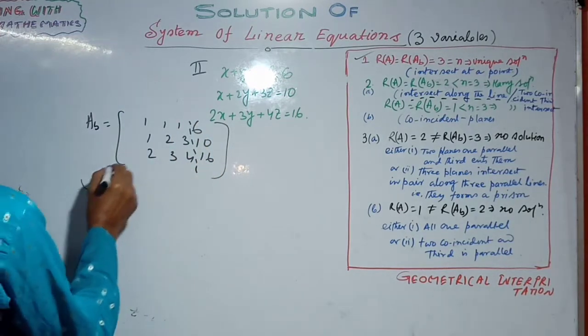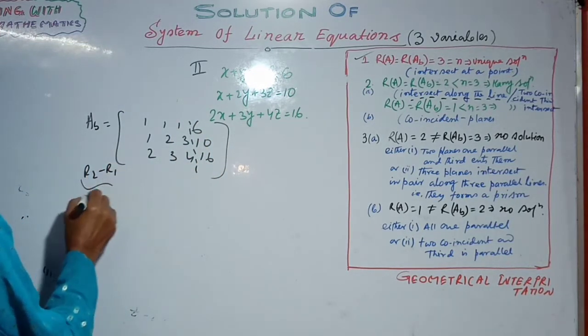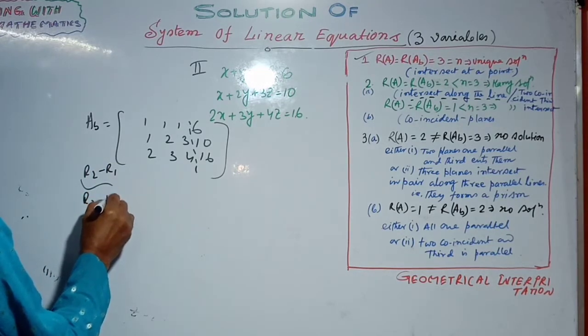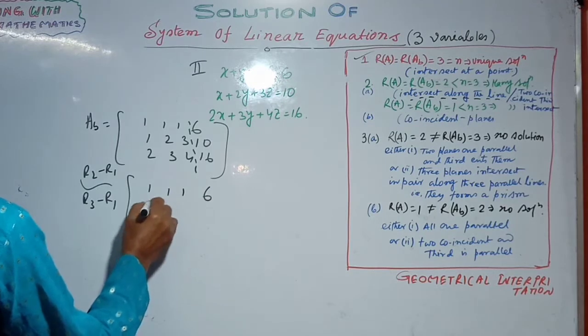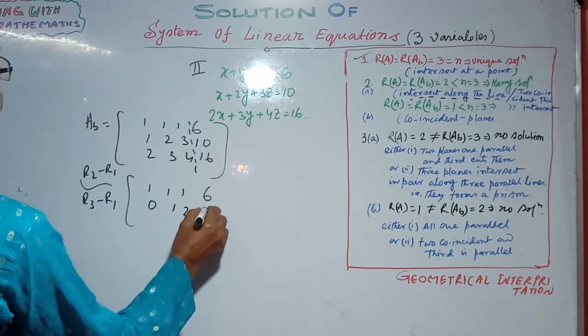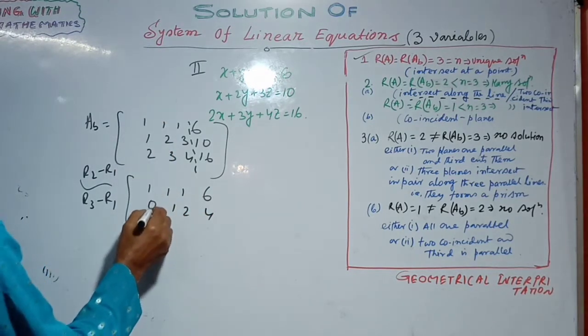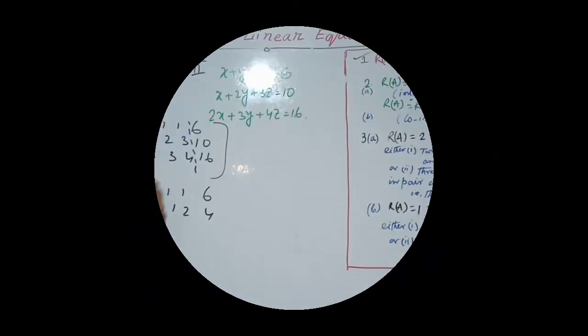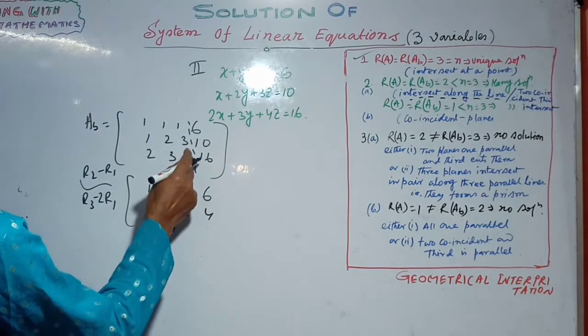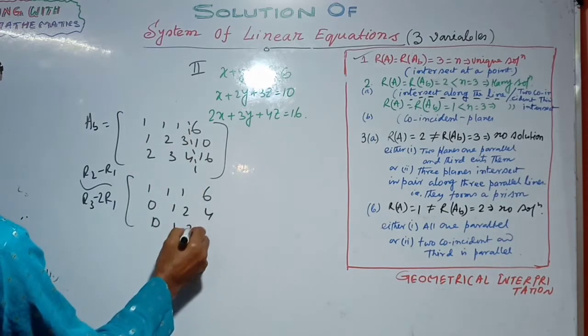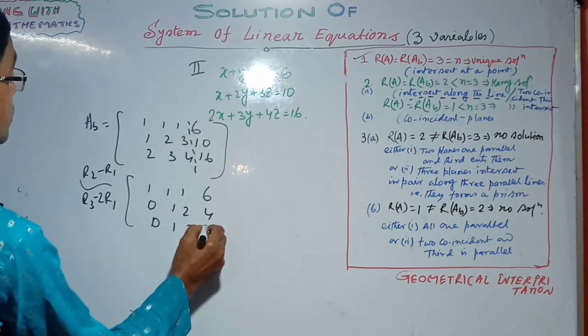This is reduced by R2 minus R1 and R3 minus R1. Therefore 1 1 1 6, 0 1 2 4, and for the third row, this minus 2 of this R1, that is 0, this minus 2 of this 1, this minus 2 of this 2, this minus 2 of this 4.